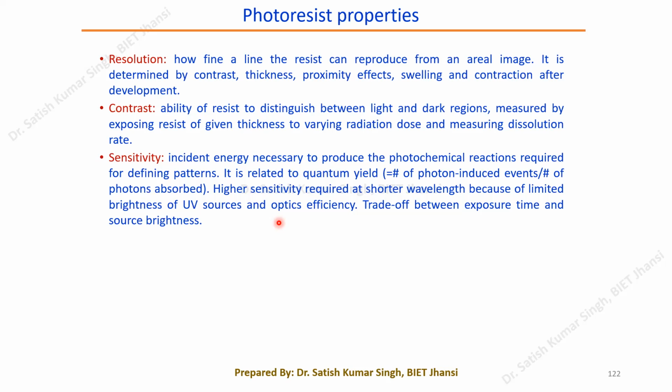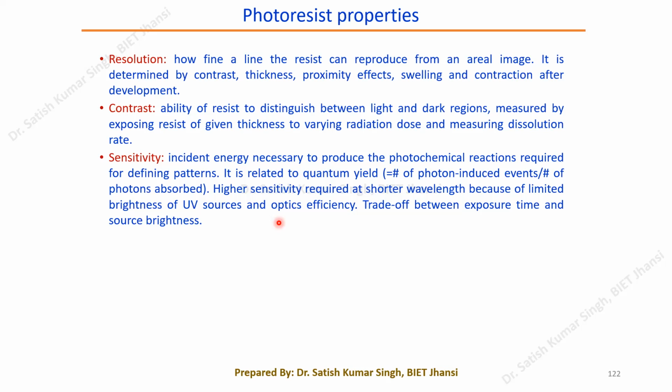For example, at the I line and G line wavelengths, the sensitivity is around 100 or 200 millijoules per centimeter square. Okay, around 100 millijoules per centimeter square.